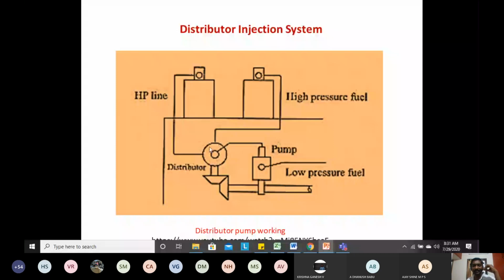This distributor has both a rotating part and a stator part. In the rotating part we are going to have holes, and when the holes align properly, fuel intake and fuel pumping take place. When it pumps out the fuel, it comes to the fuel injector of the engine cylinder. So this is the distributor injection system.